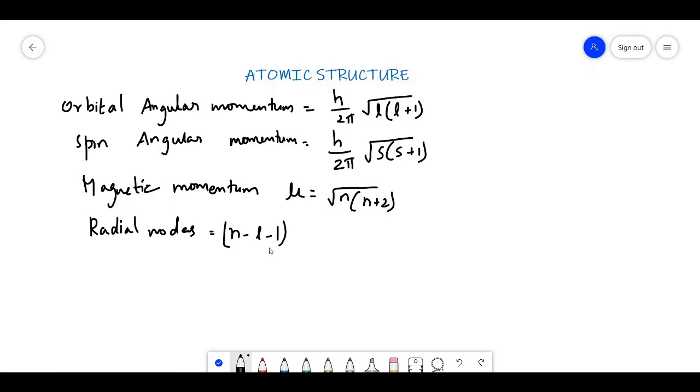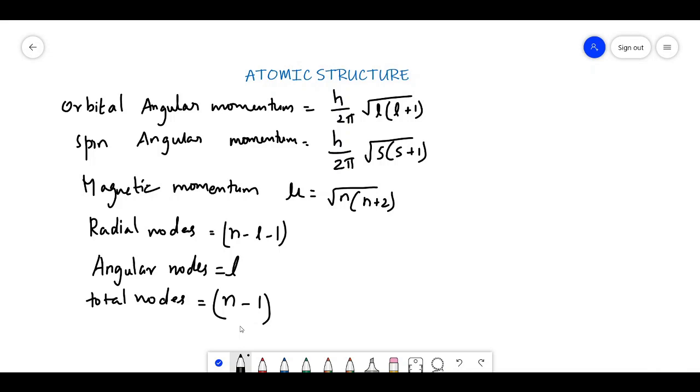And angular nodes is L. And if you want to calculate total nodes, then it is n minus 1. That's all. These are some important relations.